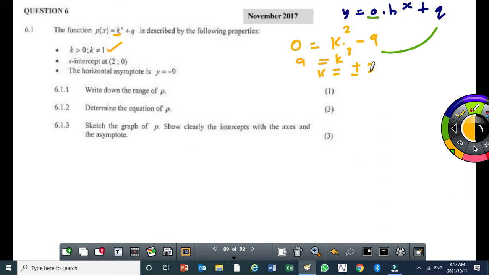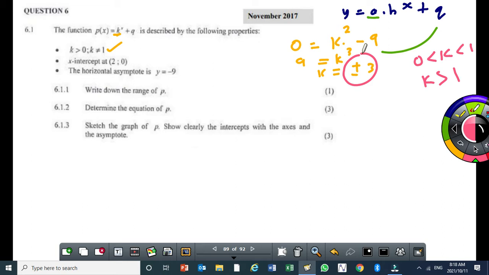Which means there are two possible values of k. But remember, if you remember last time, I told you that the base is always between 0 and 1, or greater than 1. Among these two values of k, you can't take the negative because the base can never be negative.